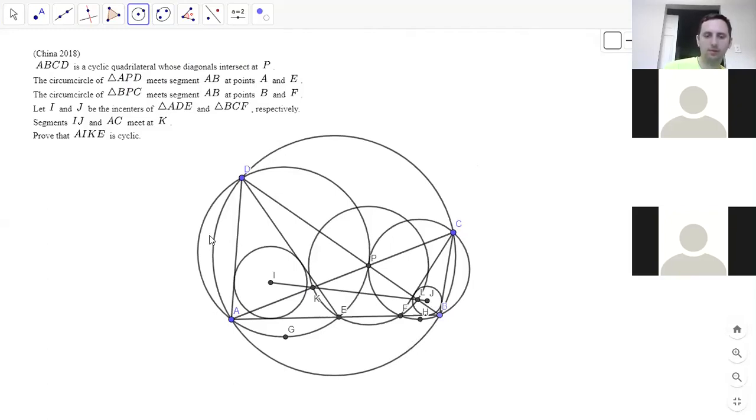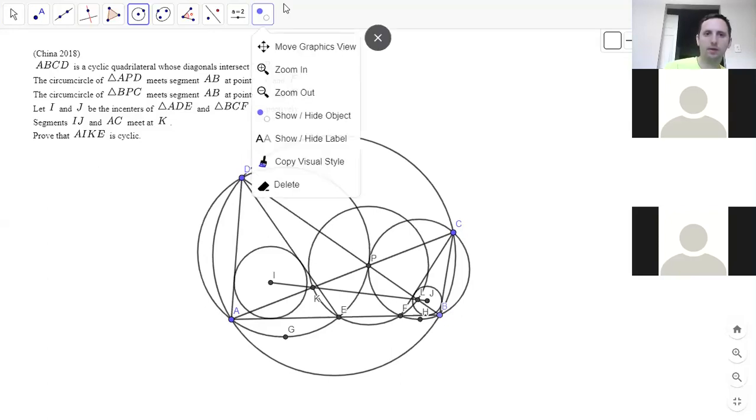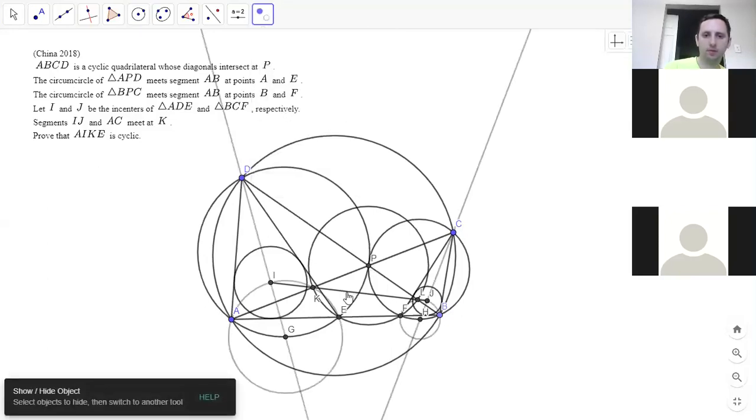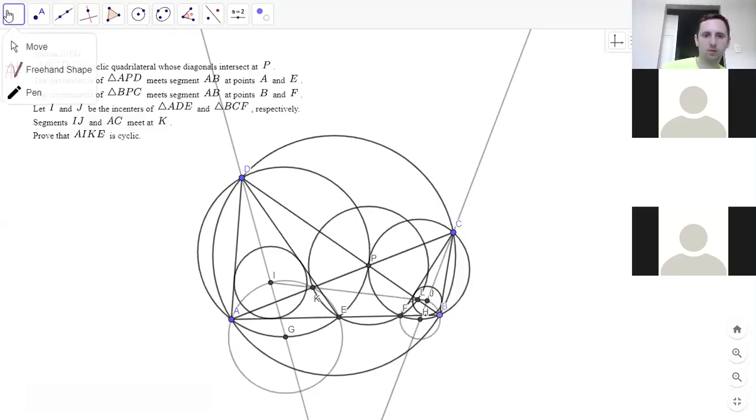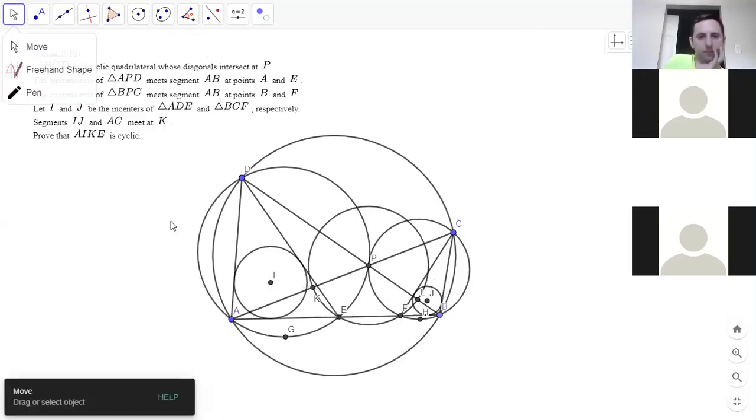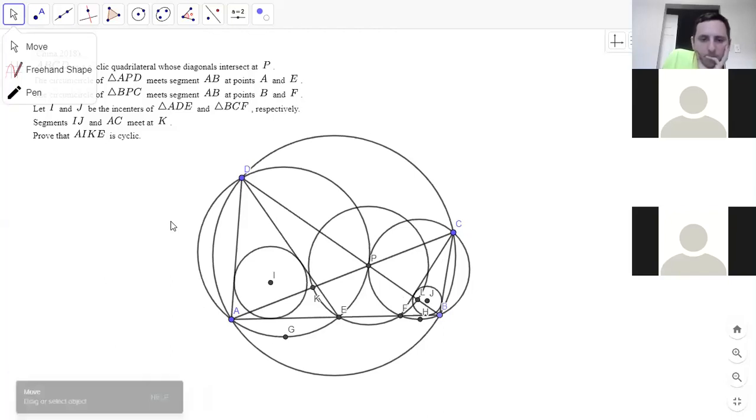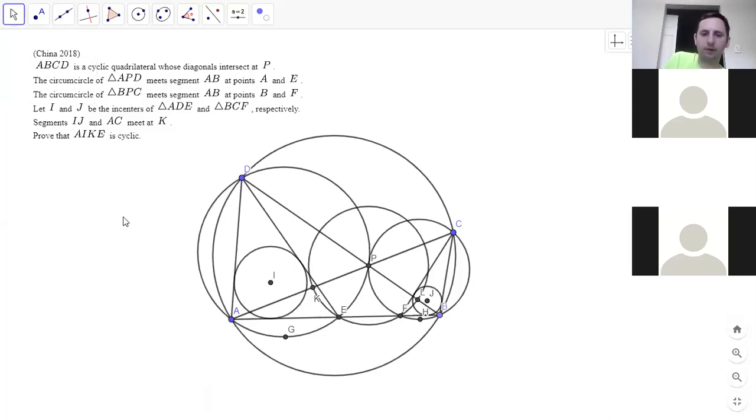I think it might be easier to, I'm not sure. But yeah, I'll hide that for now. We could also show that I, K, and L are collinear, and then by the same argument, J, K, and L are collinear, and then that would show it.